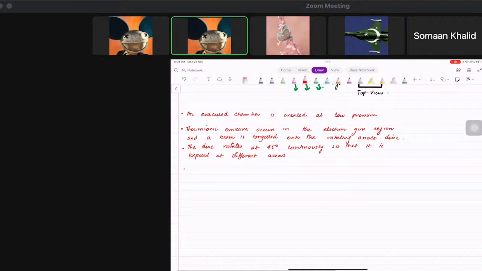And then the rotating anode is continuously cooled so that it does not burn, since this process releases a ton of heat.